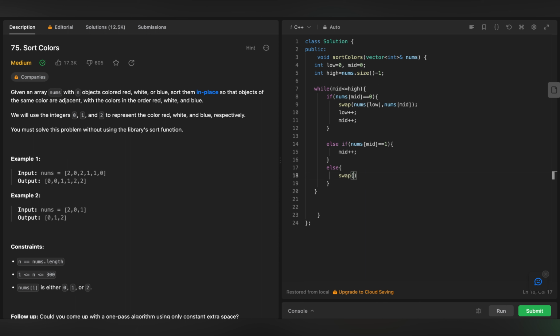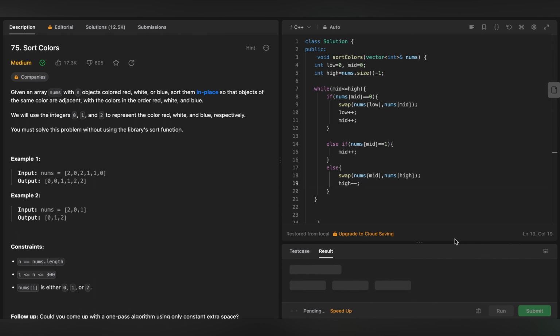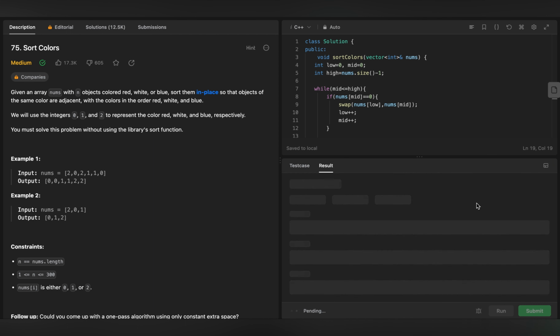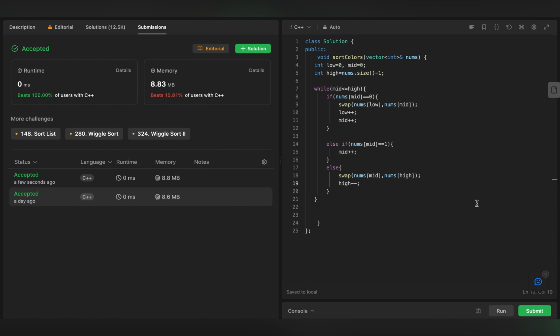So we swap nums of mid and nums of high, and decrement high. Yeah, let's run. Yeah, it has been accepted. The solution has been accepted.